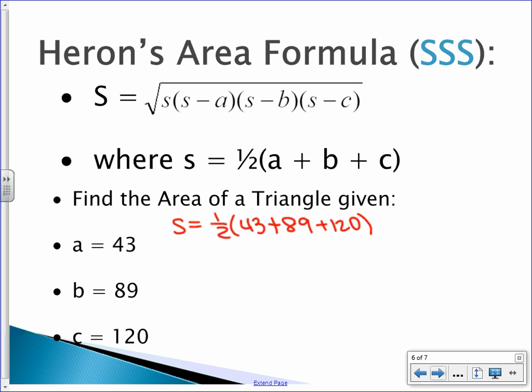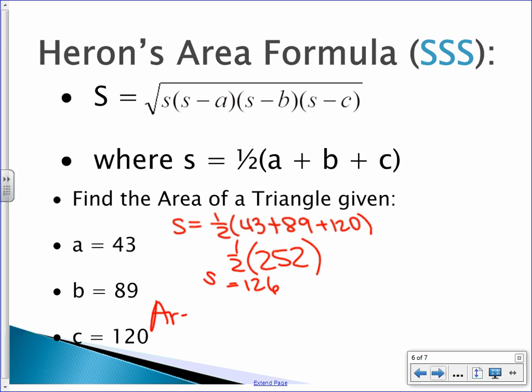The sum was 252. Cut in half is 126. All right.